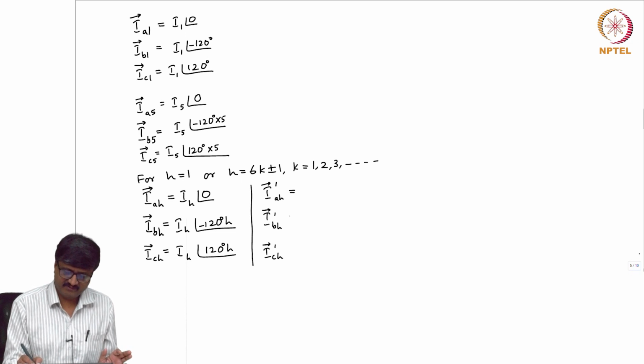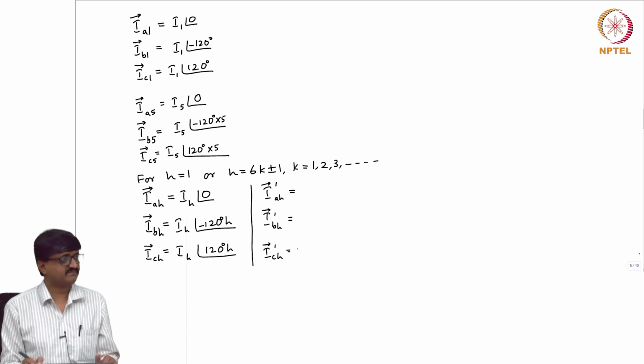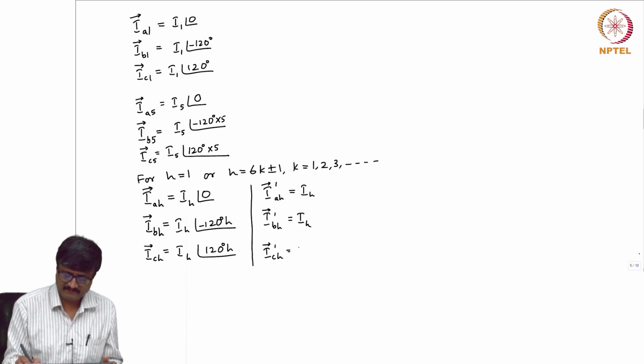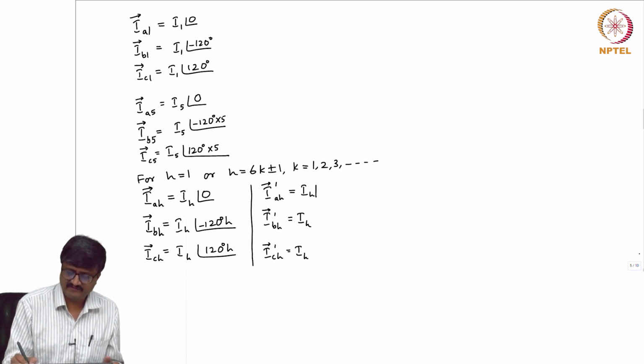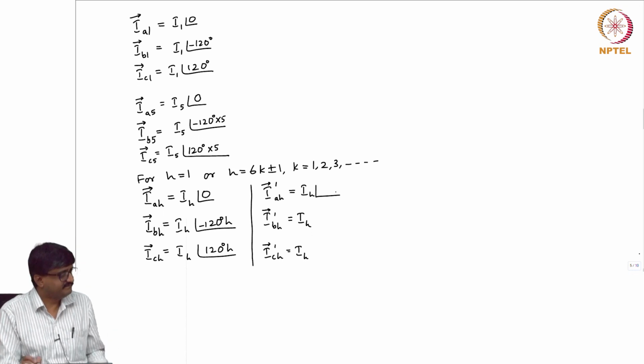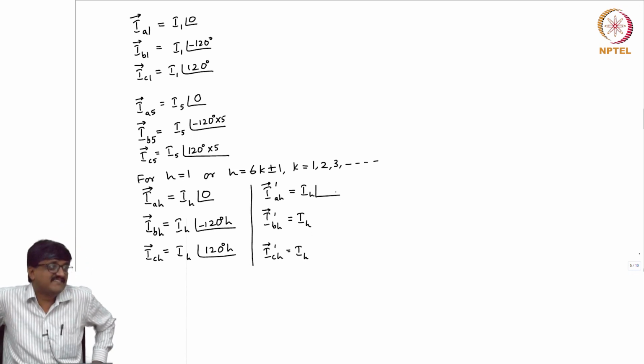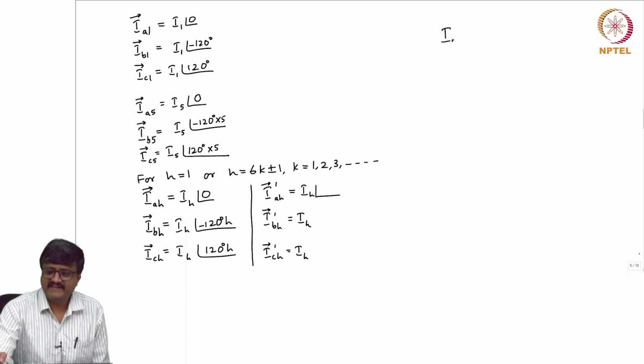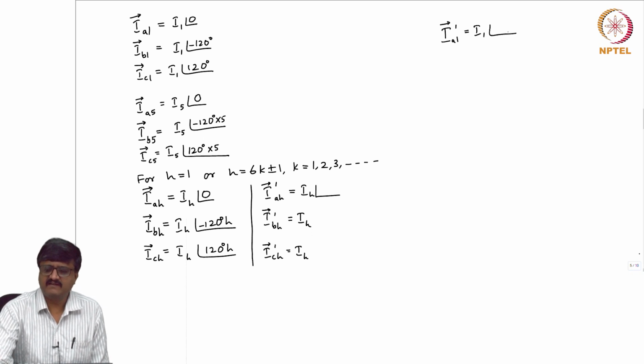What is the magnitude of these currents? All have the same magnitude IH. Now, come to the angle. If I take IAH prime, what is the angle? Minus 30. IA1 prime is nothing but I1 at an angle minus 30 degrees.